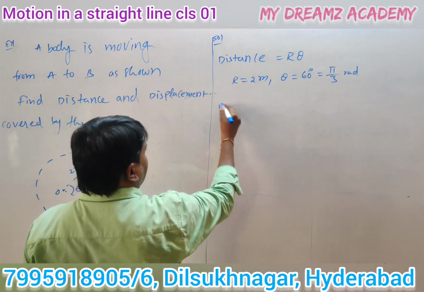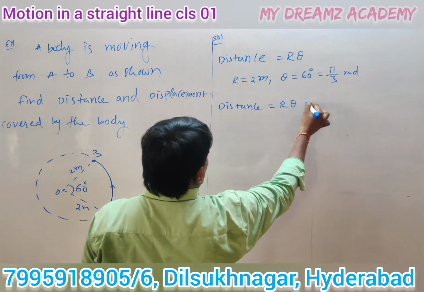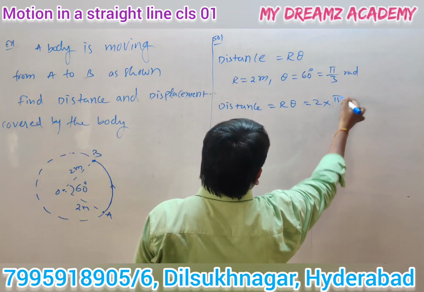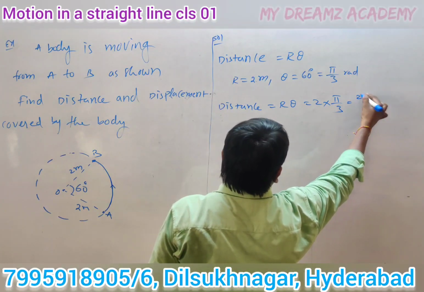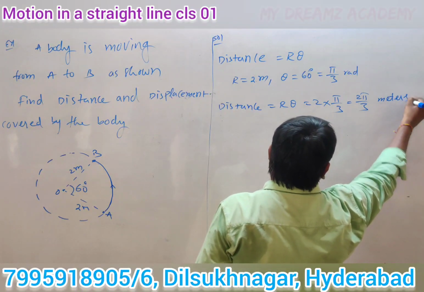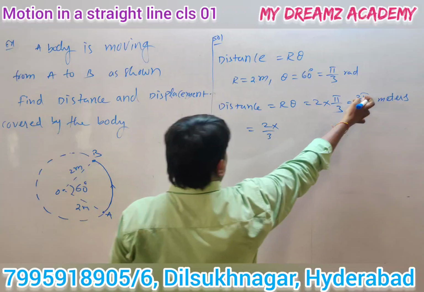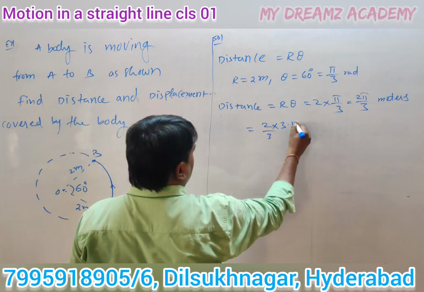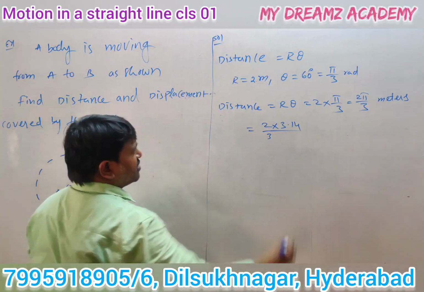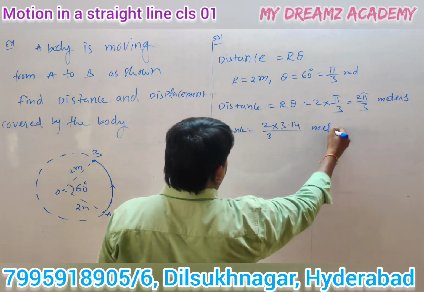Now the distance is r theta: 2 meters times pi by 3, so 2 pi by 3 meters, where pi is 3.14. By solving, we get the distance value in meters.